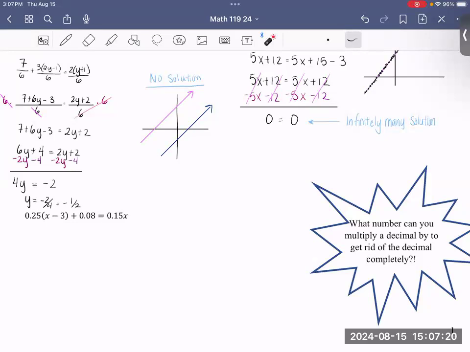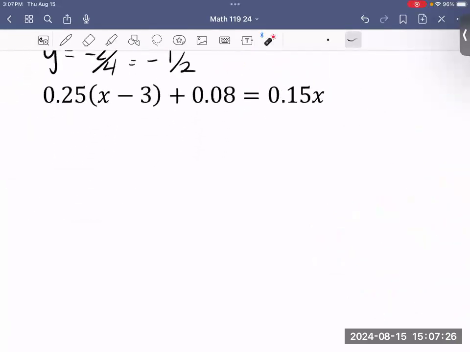What we can do is get rid of the decimal altogether by multiplying by something that's kind of neutral. You'll notice that all of these decimals are rounded out to 2 decimal places. Now, let's say only one of them wasn't. You're still going to multiply them all by the same exact number.